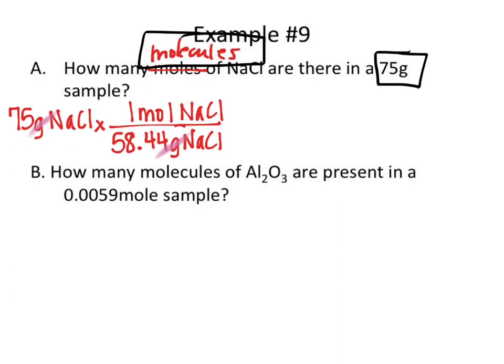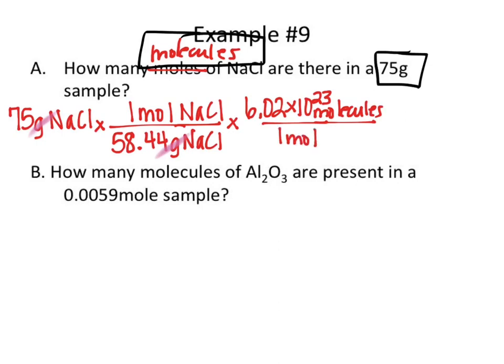So for me to get from moles to molecules, what do I need? Mole is on top right now. I need to get from moles to molecules. What needs to be on top now? Mole. And what number goes with molecules? 6.02 times 10 to the 23, and that is in 1 mole.